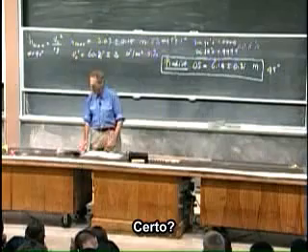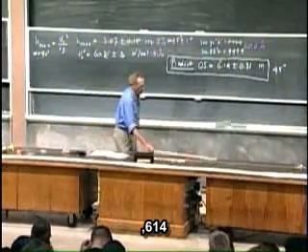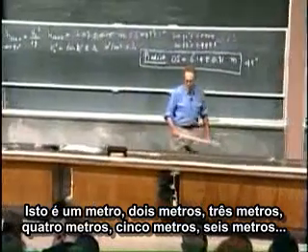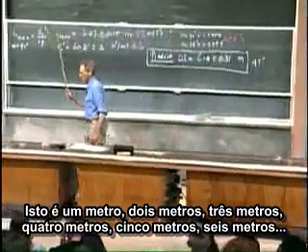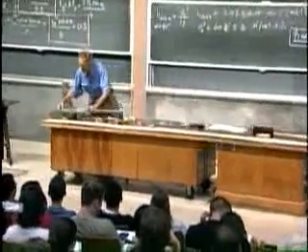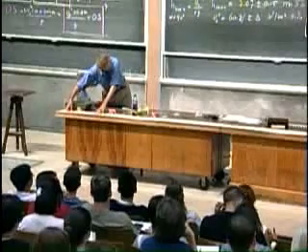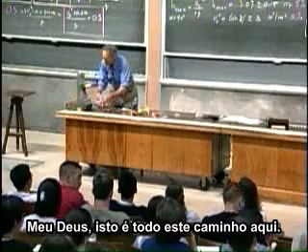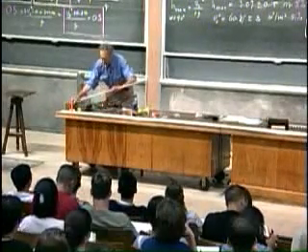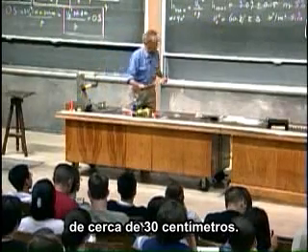All right? So we're going to mark the point 6.14. This is 1 meter, 2 meter, 3 meter, 4 meter, 5 meter, 6 meter, 6.14. 14 centimeters. My God, it's all the way here. And then I allow for an error of about 30 centimeters.